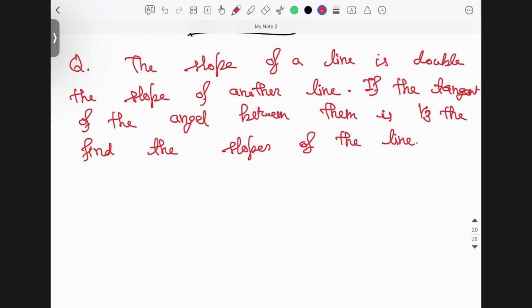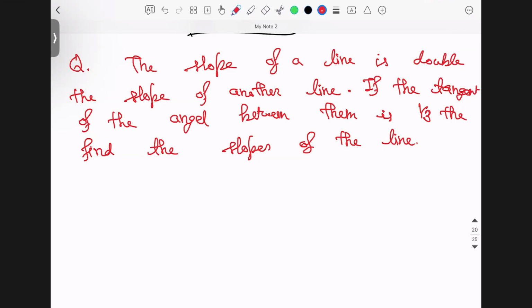What is the question? They are asking that there are two straight lines where one has slope twice the other. So if one has slope m, then the other should have slope 2m. Now, according to the question, the tangent of the angle between the given two straight lines is 1/3, and we need to find the slope of the given straight line.